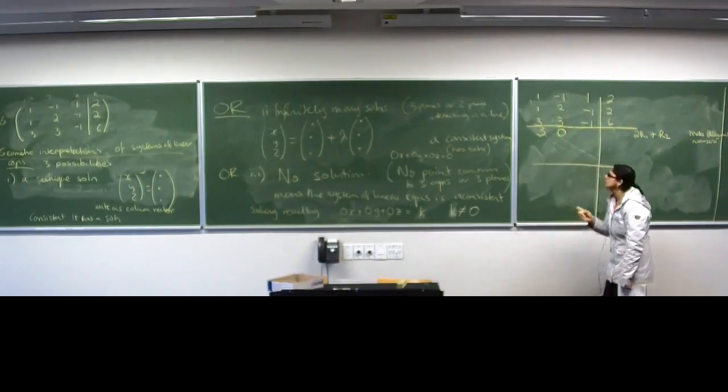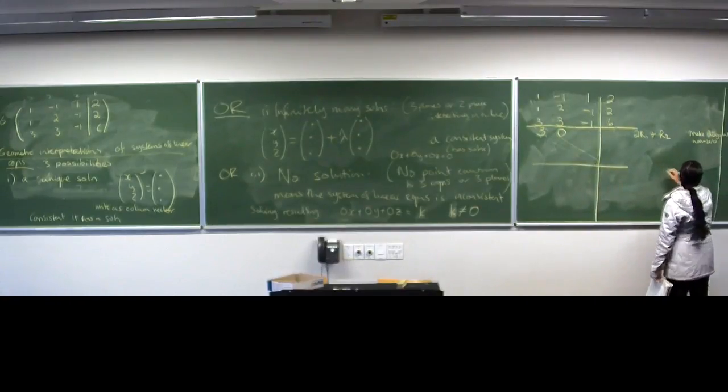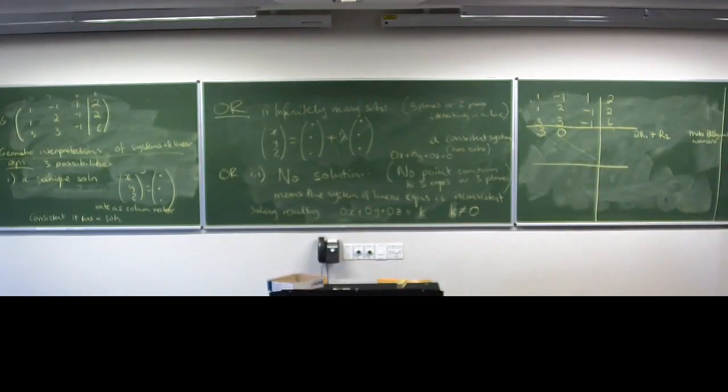It's like basically saying I've got 2 equations. You don't have to write this down. x minus y plus z equal to 2. What if I multiply this by 2? Have I changed anything? It's still the same equation, right? Then I add the other row, x plus 2y minus z equal to 2.